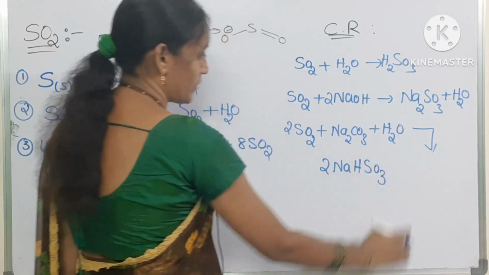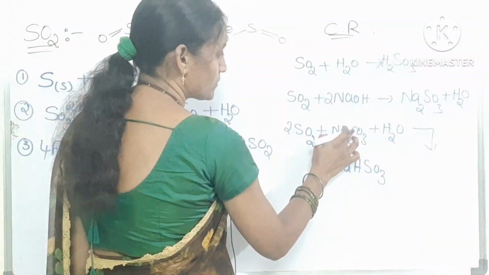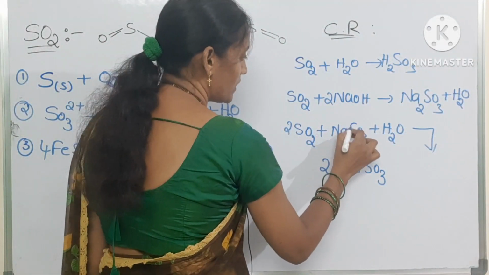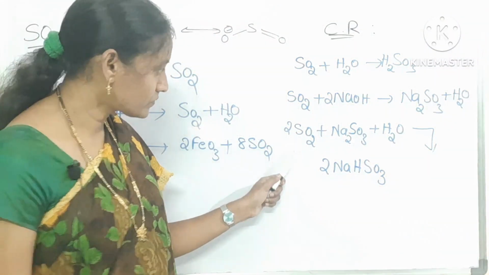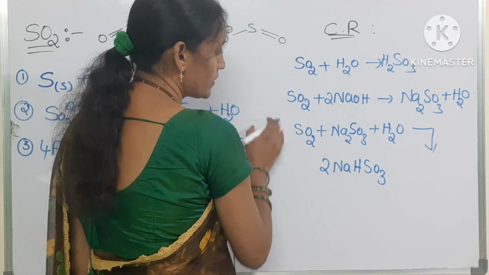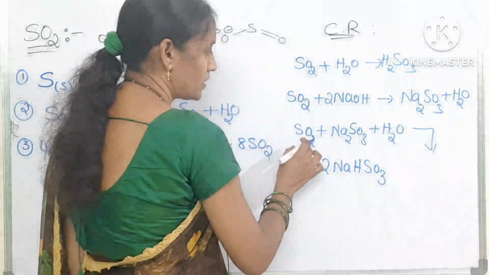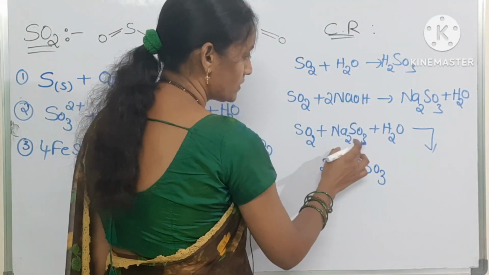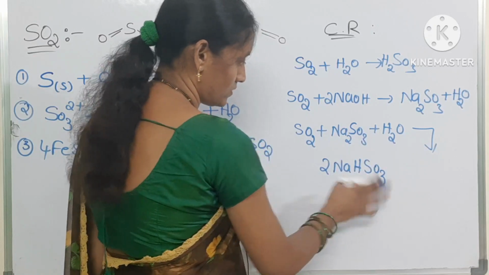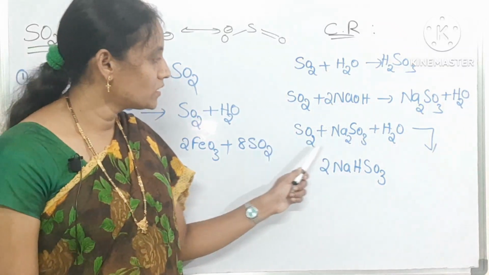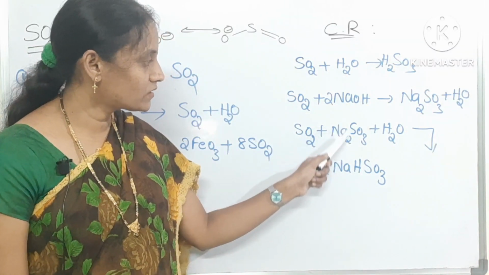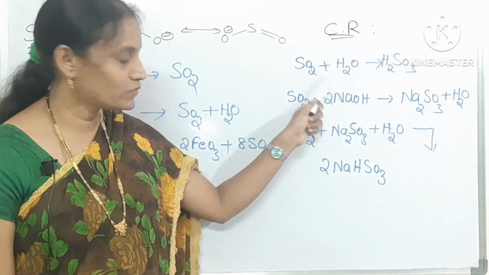Okay, it's balanced. See here it is SO3, not CO3, Na2SO3. There is no need to take 2 moles because here one sulfur, here one sulfur, and the oxygens and 2 hydrogens balance. Okay, this is about sulfur dioxide reacting with sodium hydroxide and with water.